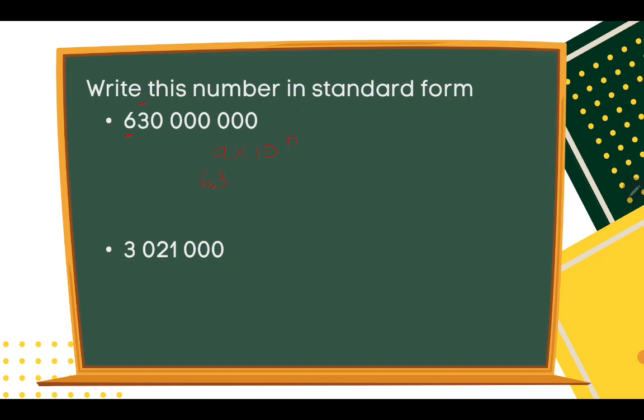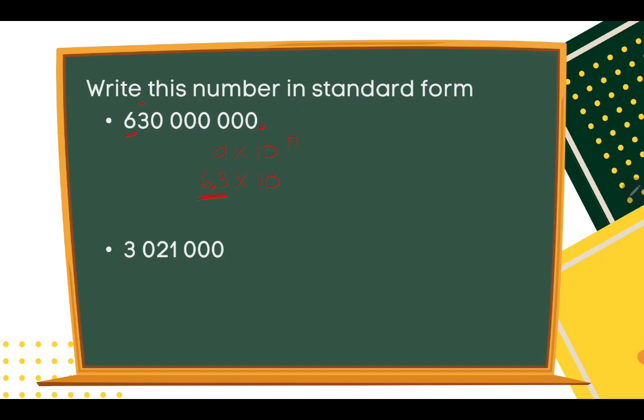So 6.3, and then times 10 to the power of what? The n. Now, right now, the position is like this, right? The dot is between 6 and 3. And we want to make it become 630 million. To make that one happen, it means the dot need to be moved to here.